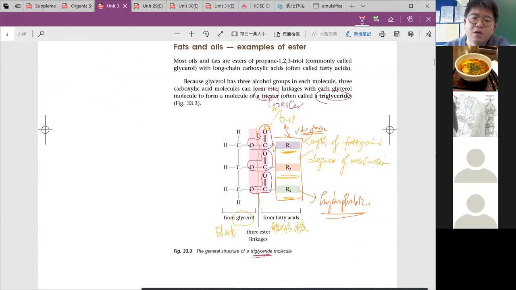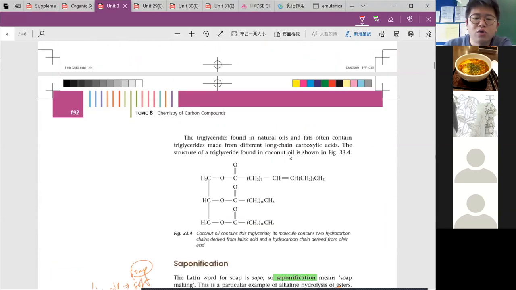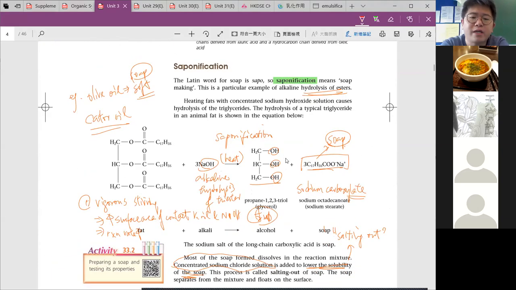If I break this apart and do the hydrolysis, you can make this one having dual property. What does dual property mean? One part can dissolve in water, the other part will dissolve in oil. The way to make it is by alkaline hydrolysis, what we call saponification of fats and oil.